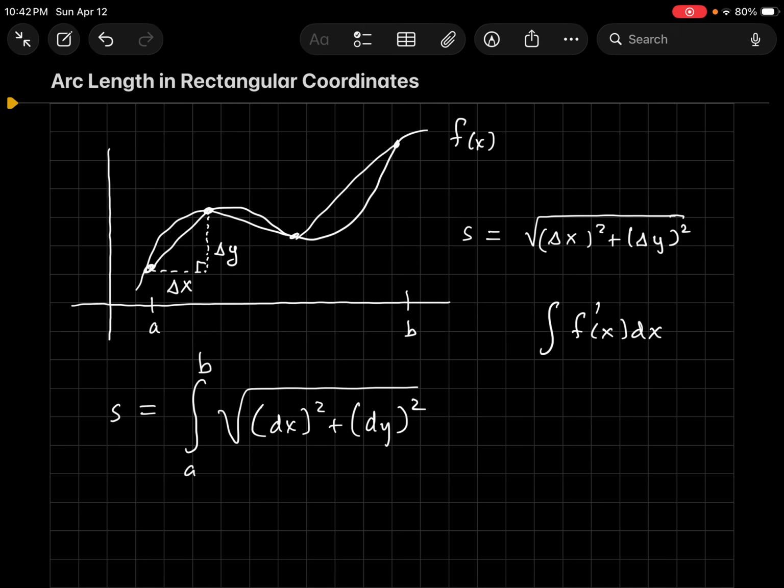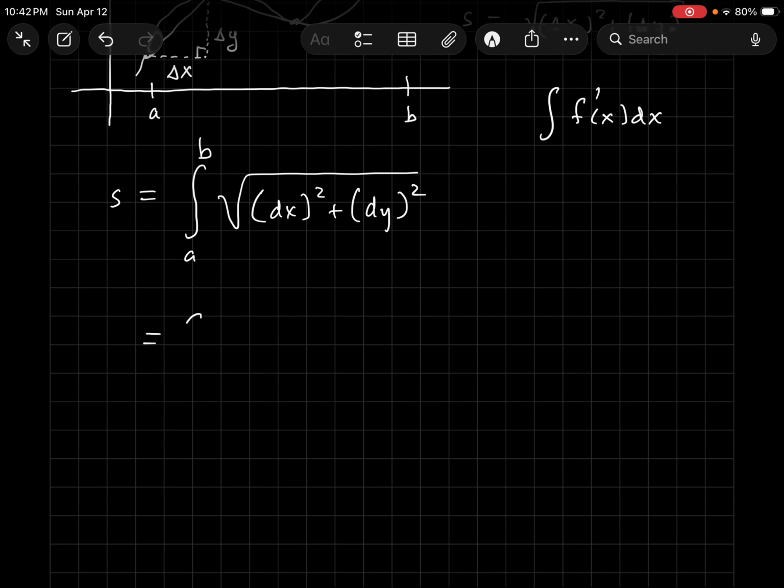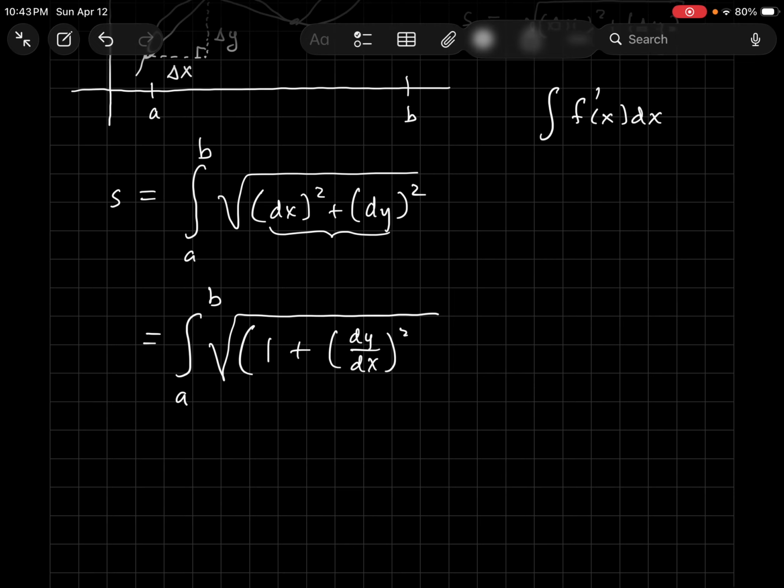What we're going to do is manipulate this equation algebraically by doing the following. Let's factor a dx squared out of both of these terms, leaving us with 1 plus dy over dx squared times dx squared. Convince yourself that if we multiply the dx squared back through, we would get where we started.